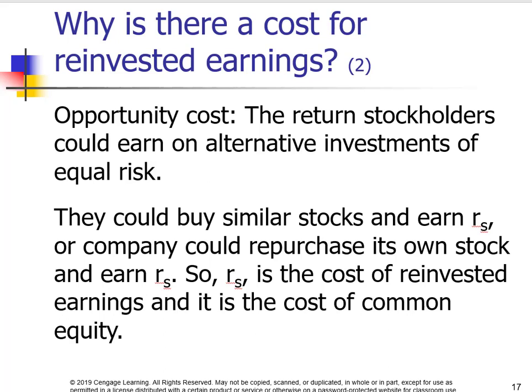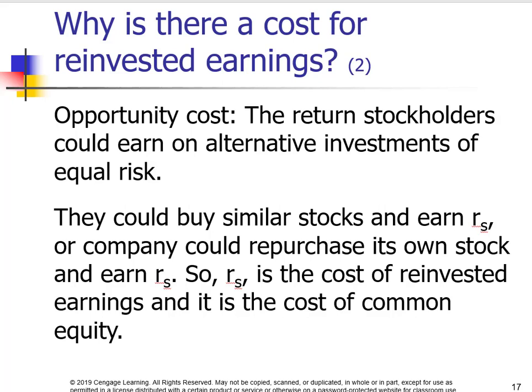So again, this concept, we've talked about this many times, is really just an opportunity cost. You could take that and invest in anything. It's invested in the company, though. So if you received it in dividends instead of using it for retained earnings, that is the cost.